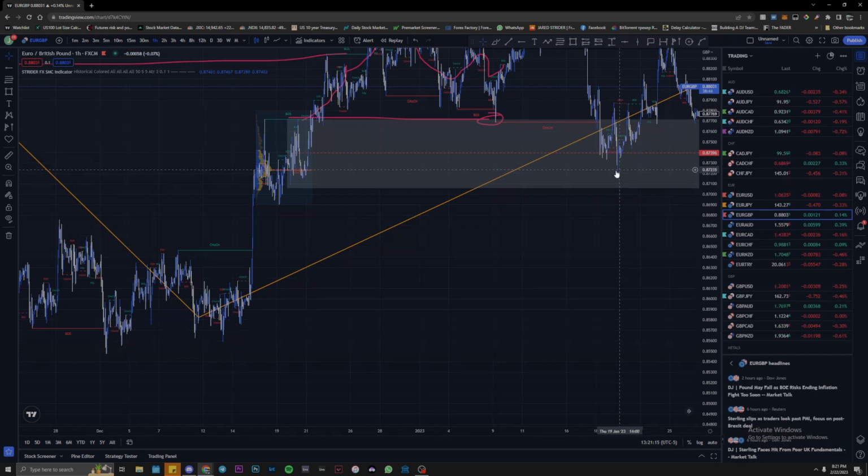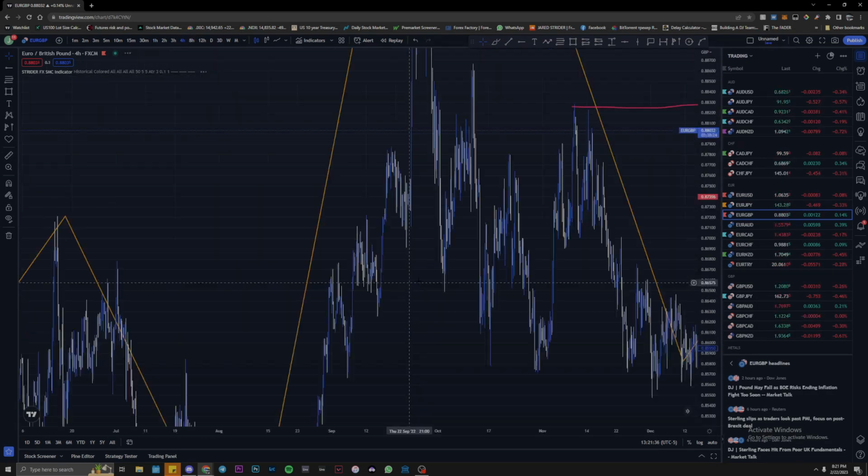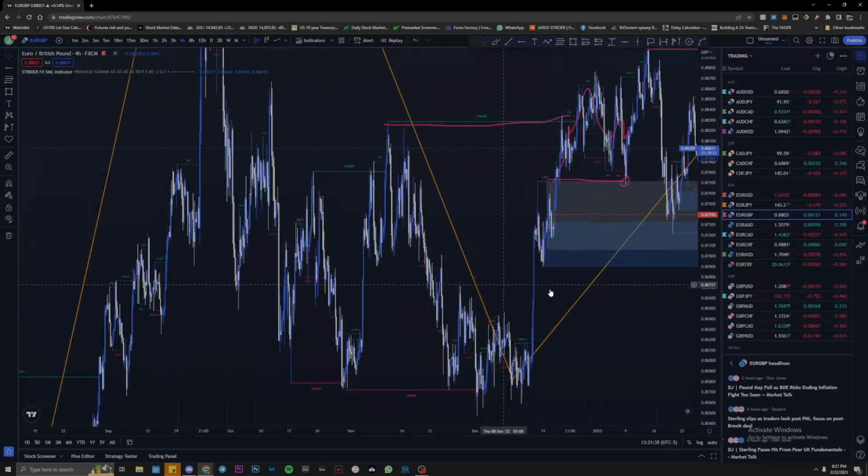By 1 pip. No, not quite. 32, and it hits 23. So we can see how important it is to make sure that order blocks are first mitigated before we look up for order blocks. We must look down for order blocks first that created higher time frame big moves. Okay?